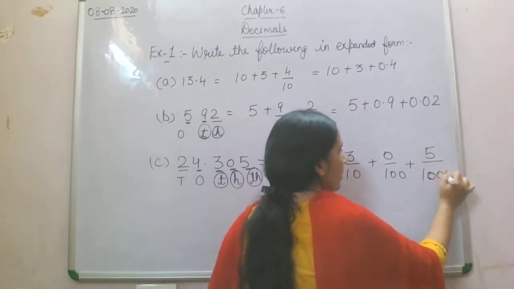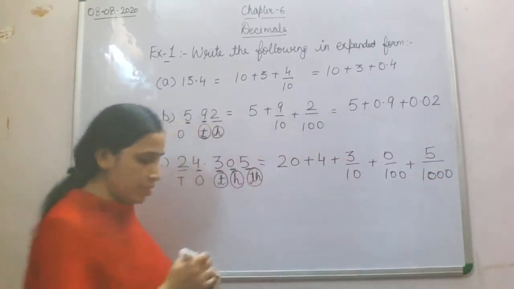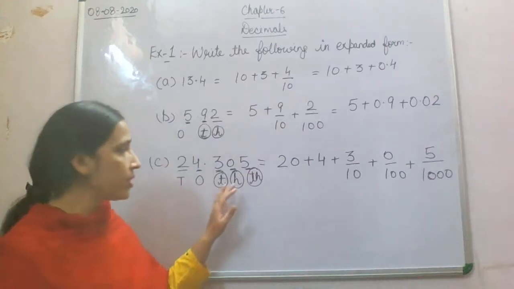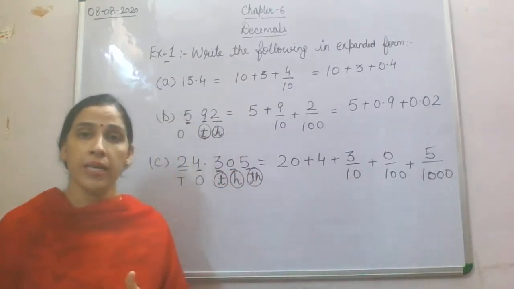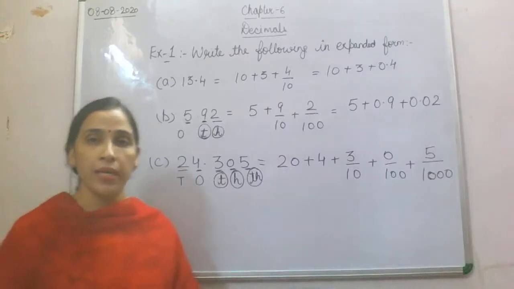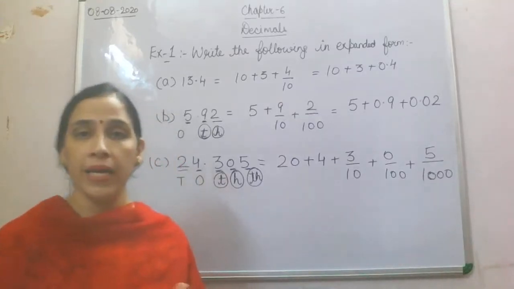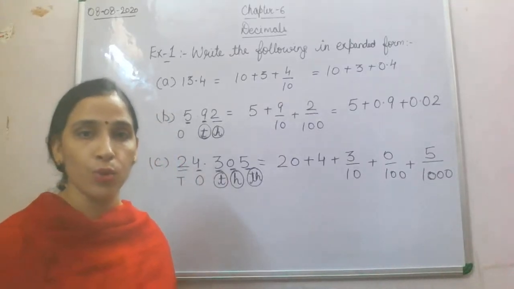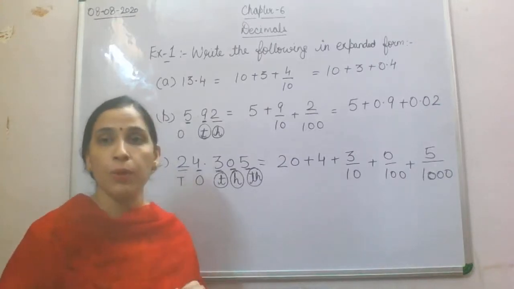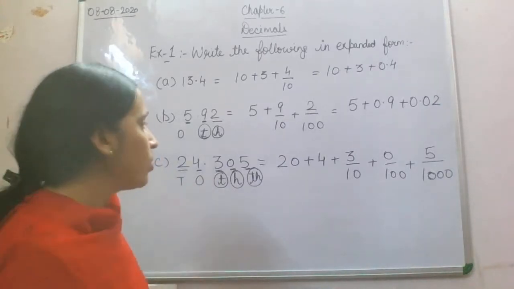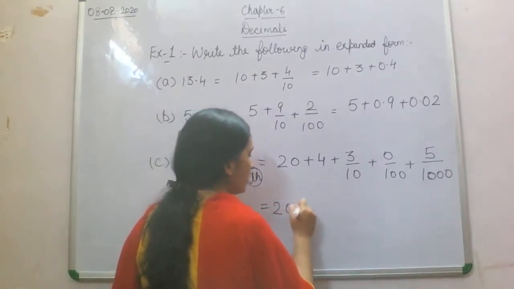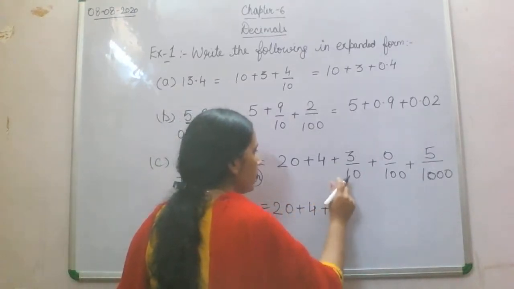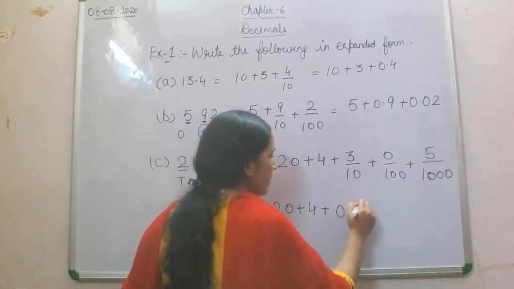Now children, in this you will see it is not necessary to write this 0. Fine. Because any 0 divided by any number will give you 0 only, so that is not required to be written down there. So what is the next step? We will find it out. 20 plus 4, and here we will have one decimal place.